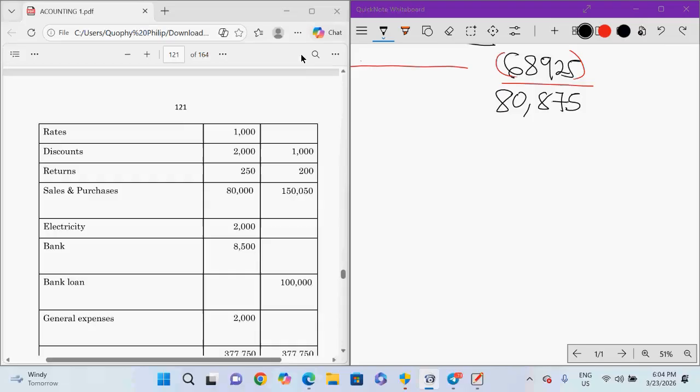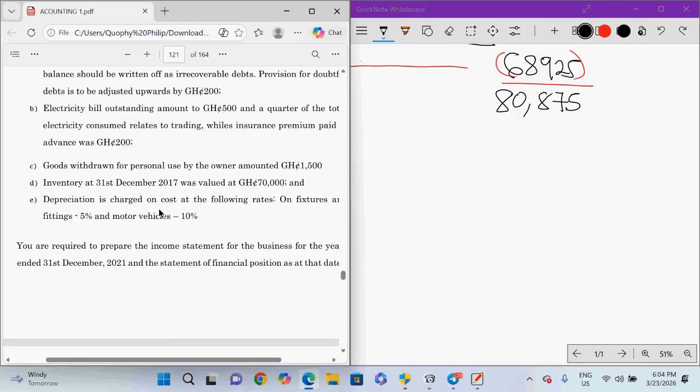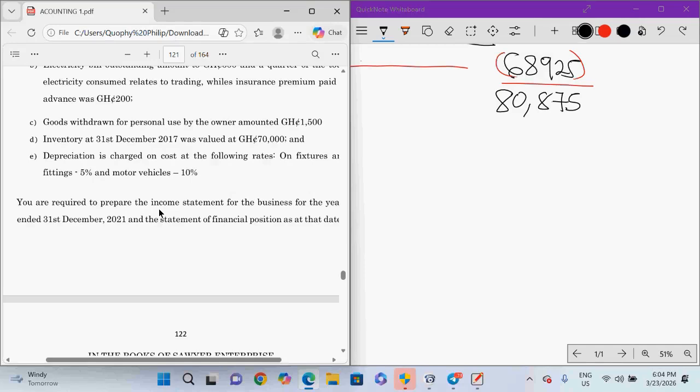Stephanie, that is what he's saying. Does it make sense? Please, can you go over it again? I should go over. Okay, so I was saying that drawings refers to any money or assets taken by the owner from the business for personal use. A feature of drawings is that it reduces the owner's capital, and it can be in cash or kind.